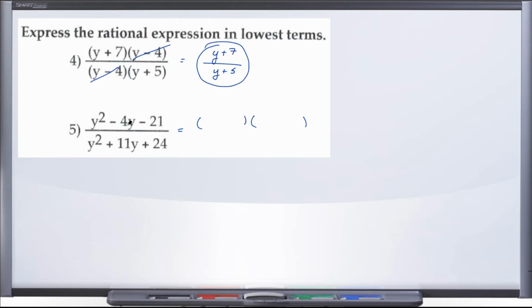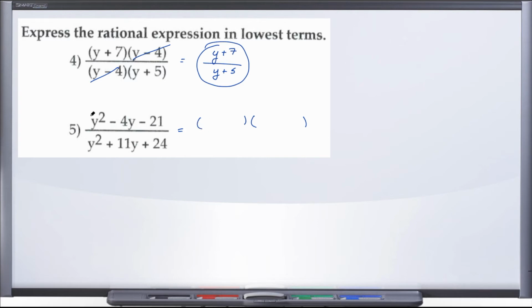So question number 2, how many terms? Well, 1, 2, 3. So we know that we can either use the scissors method or the AC method or the trial and error method. But because the coefficient in front of our squared term is a 1, we can go ahead and use the simplified version of scissors, which means we're looking for factors of 21 that subtract to give us a negative 4.